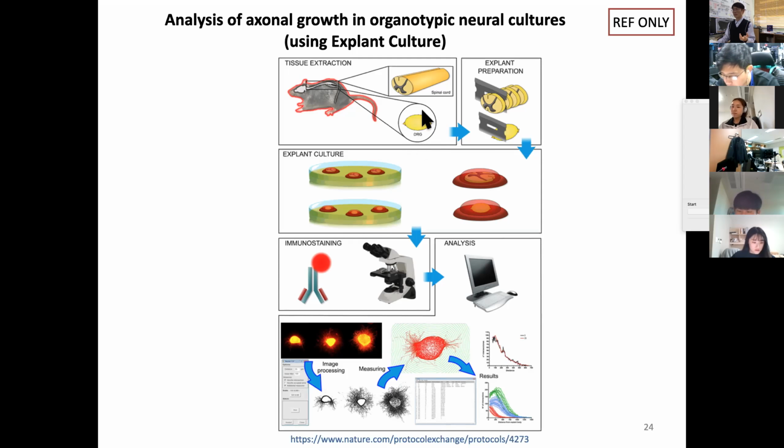You don't have to remember for now, but you can cut this and then culture it, and you see this neurite growth. You can take this image and, using ImageJ, process it for quantitative analysis so that you can quantify the neuronal branches. And then you can study the difference between control and experimental groups.